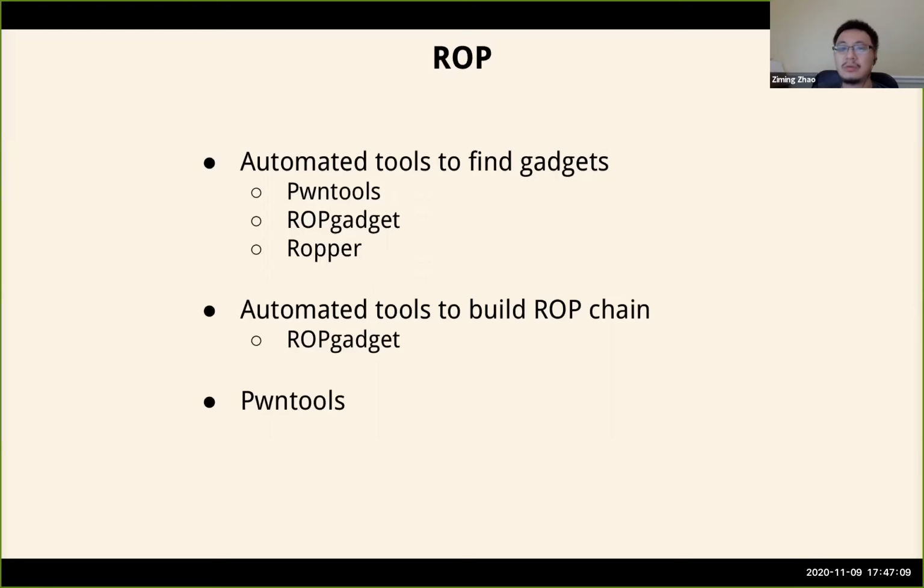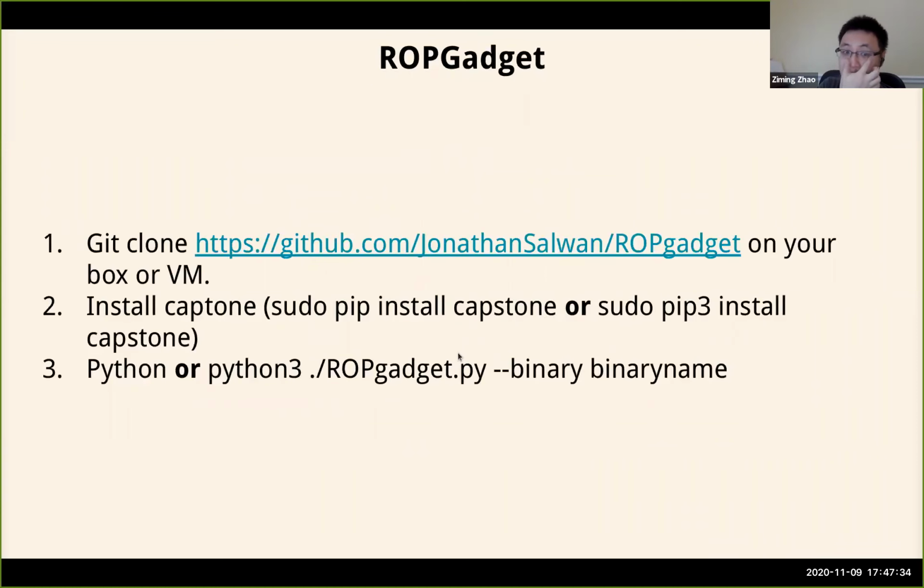Then there is another tool called Ropper to find the gadgets in the memory space. So ROPgadget is a tool that automatically builds the ROP chain, which returns a shell to you. Programmatically, you probably prefer Pwntools if you want to write programs. This is the GitHub for you to download this tool.